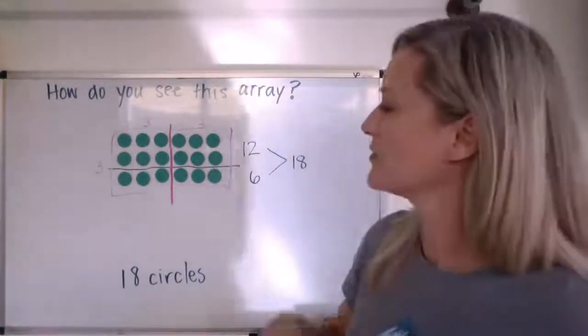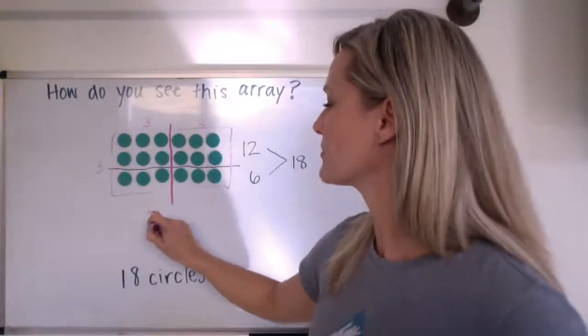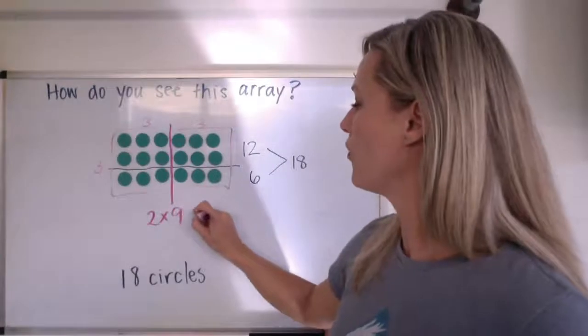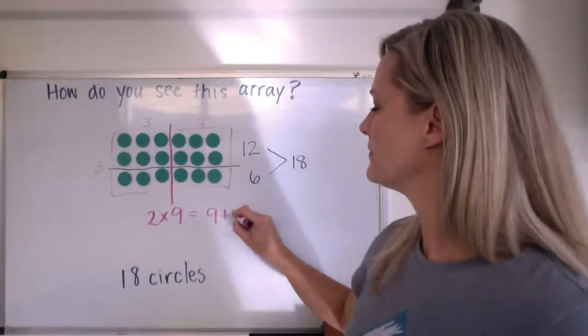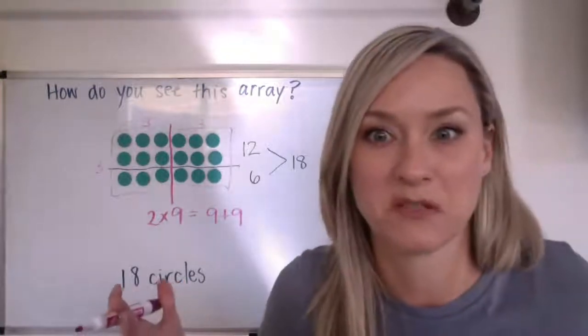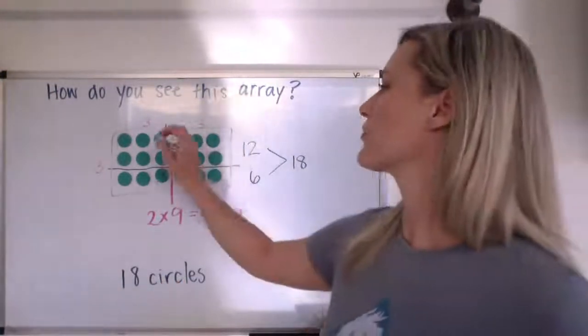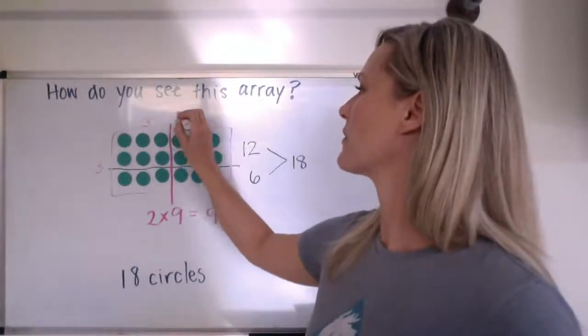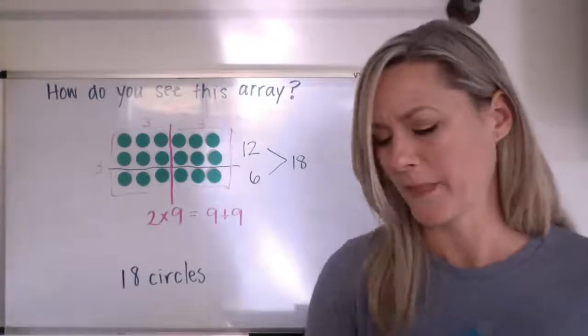So maybe you knew it was going to be the same as 2 groups of 9, or you could say 9 plus 9. Still makes 18, doesn't it? So interesting. And of course, if you add the 3 and 3 together, that makes 6, right? Because you can split apart numbers when you multiply. Okay.